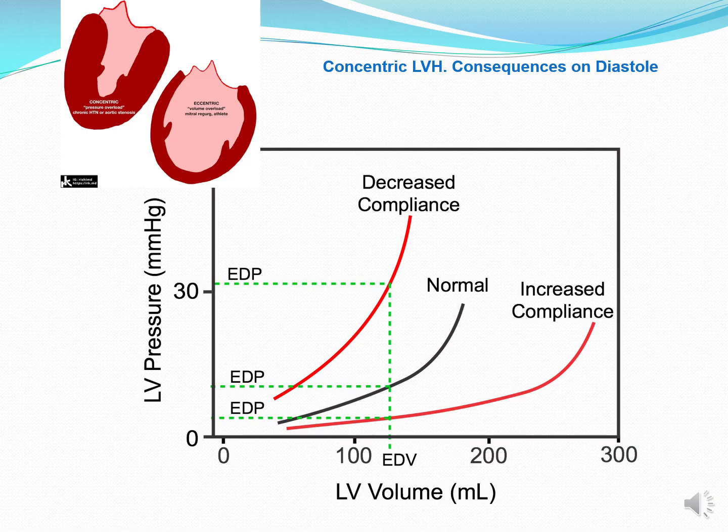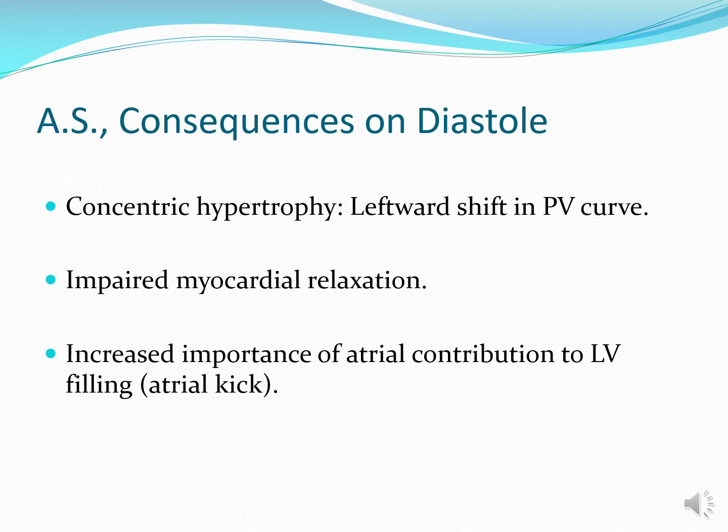So a stiffer ventricle leads to a higher diastolic pressure for the same amount of volume filling the ventricle. The upper left corner just gives you a visual idea of the situation. And this is the curve of the stiffer left ventricle.